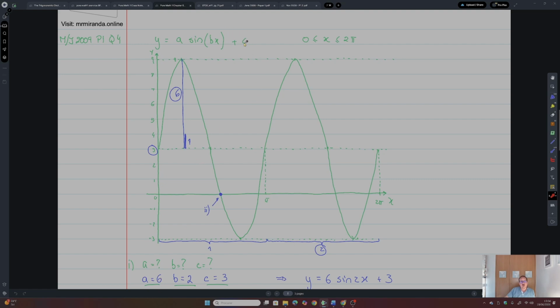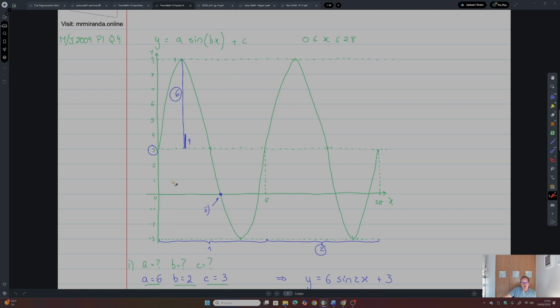In order to figure out the value of the vertical translation, the best way is to look at the y value around which the original function oscillates. For the sine of 2x, it is y equals 0.